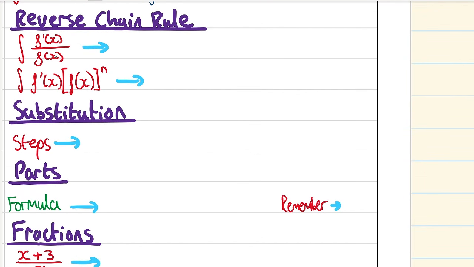Now the reverse chain rule states that if the denominator has a derivative which is the numerator, then I can just integrate it directly to get ln of that denominator. If I have a function raised to the power n and it's multiplied by its derivative, then I can just integrate that directly to the function n plus 1 power all over n plus 1.